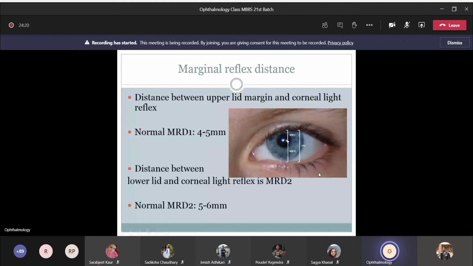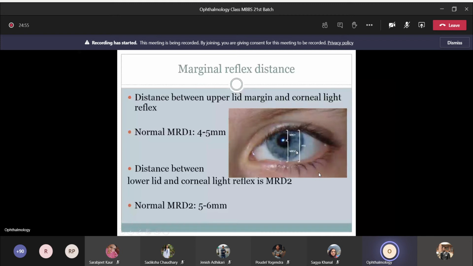And MRD2 is the distance from the lower eyelid up to the corneal light reflex, which is about 5 to 6 mm normally. So we have to measure this also. And the distance between the upper eyelid and lower eyelid is the palpebral fissure distance. So MRD1 plus MRD2 is MRD3.